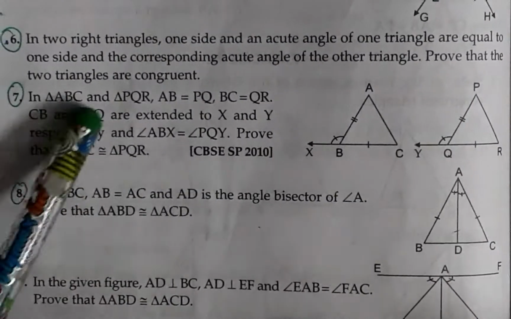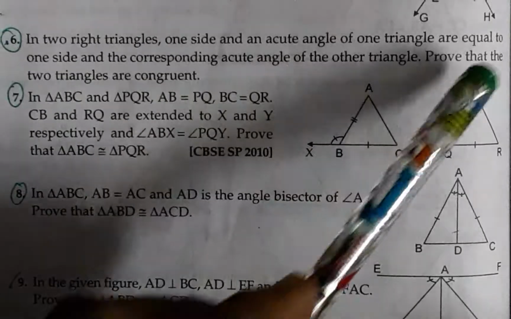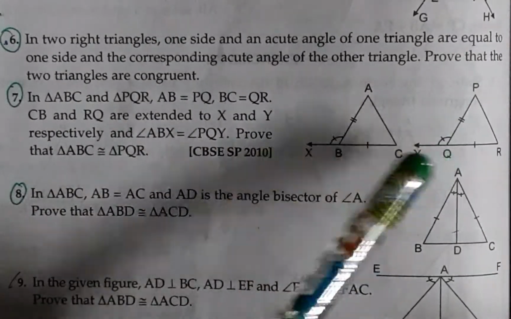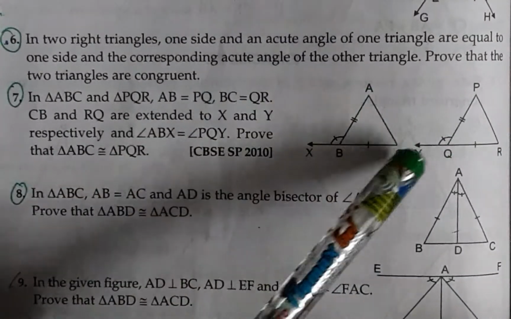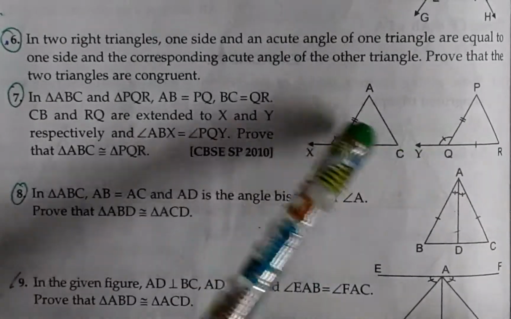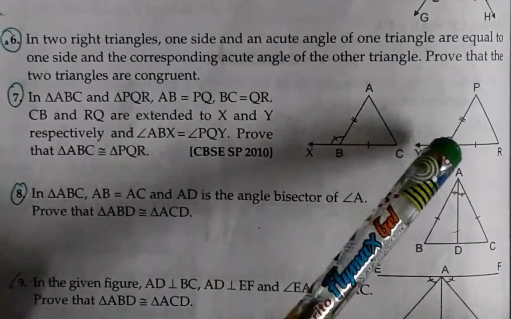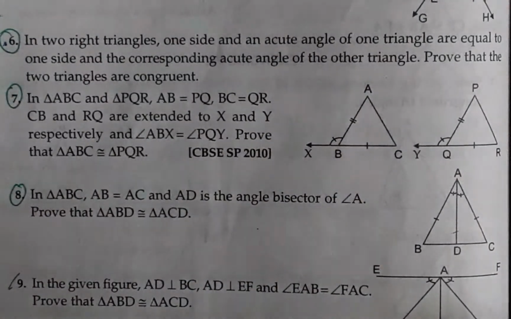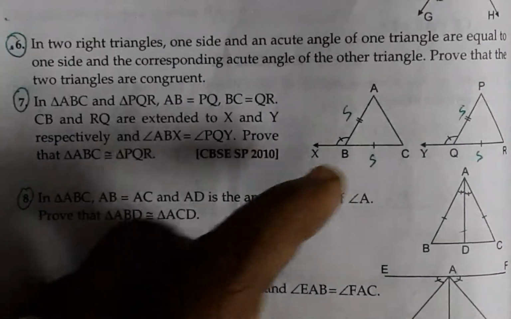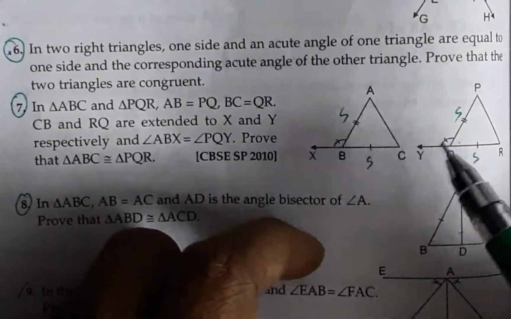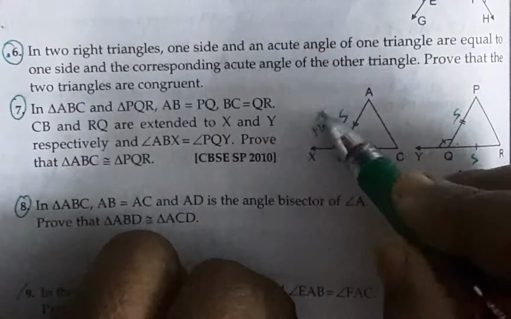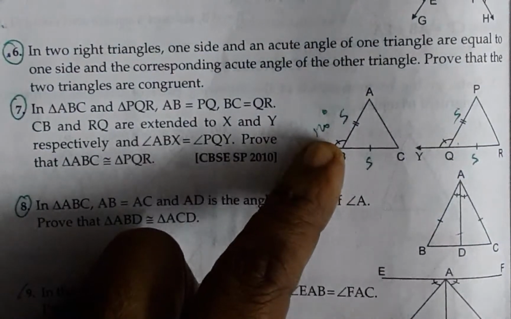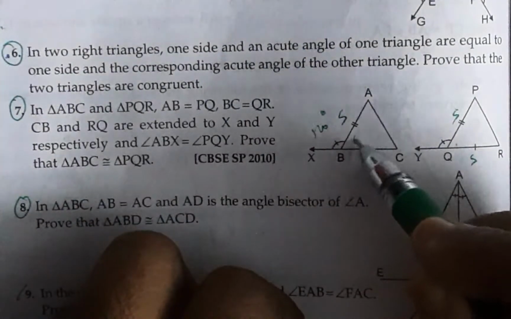The seventh question says AB equals PQ and BC equals QR. This side is equal to this side, and this side is equal to this side, and it is given that these two are equal. Now, just for example, if this is 120, this would be 60 degrees.